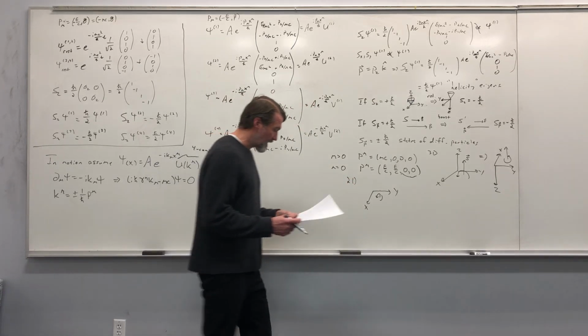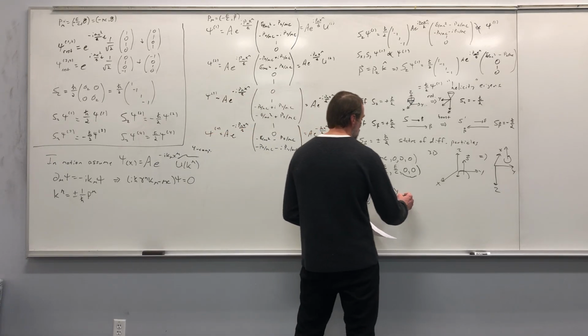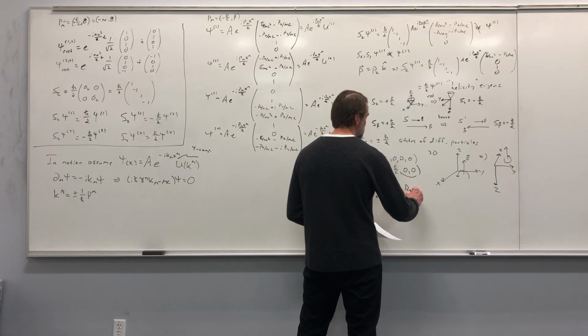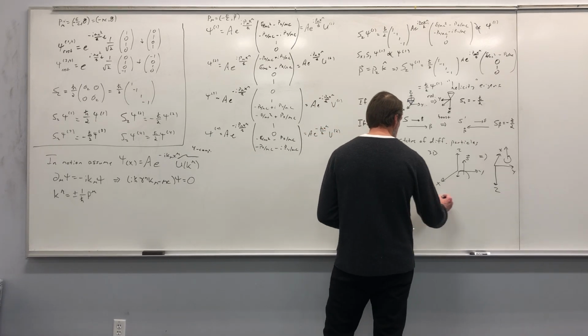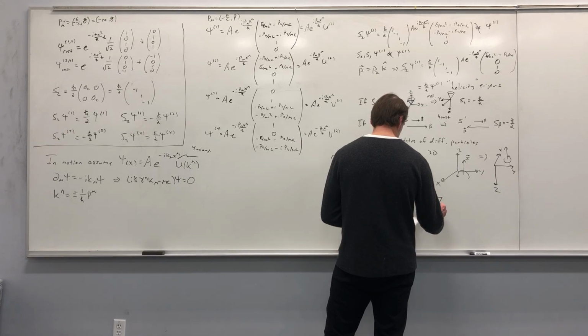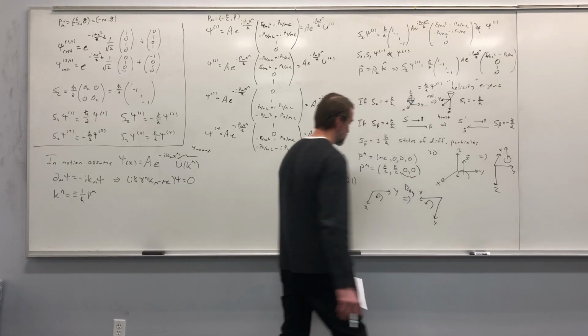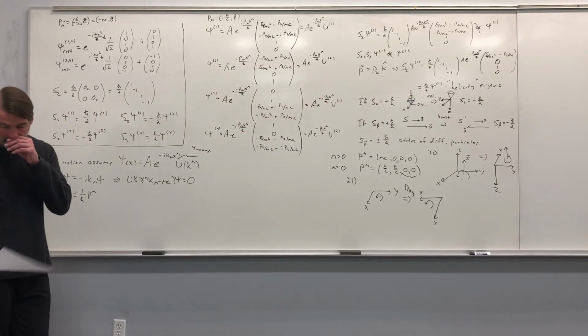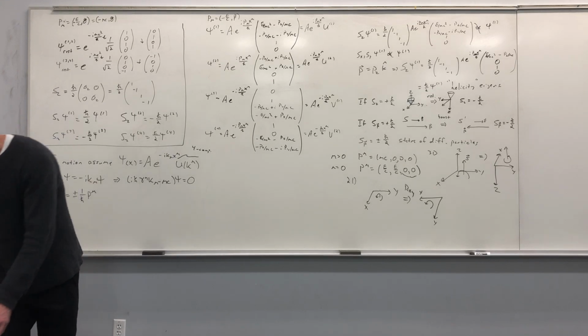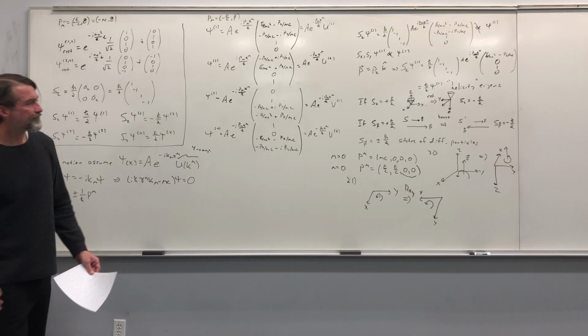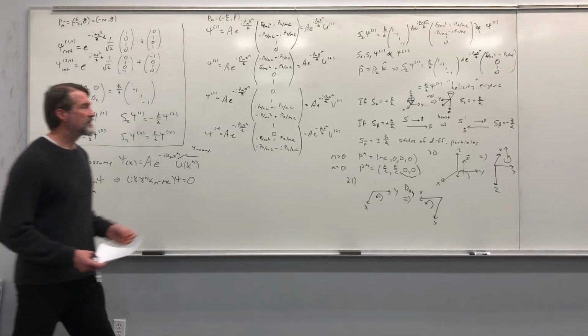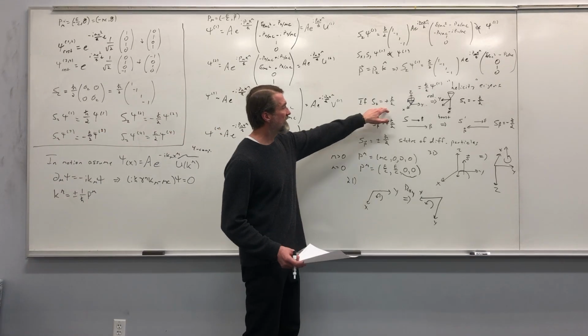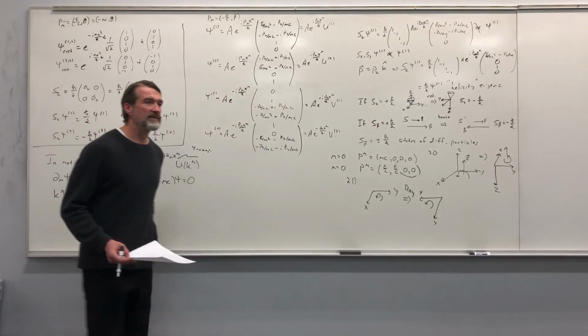Okay? Well, I can do this all day long. I can do rotations in the XY plane, and that's not going to change the story. Okay? So it turns out that not even by these coordinate transformations can I reverse the direction of this spin.